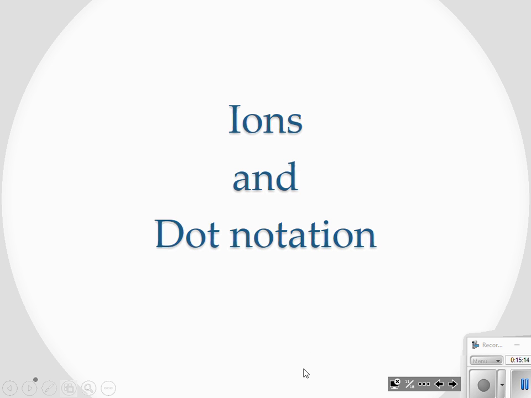Now, ions. We talked about ions yesterday. What type of ions do we have? Anybody remember an ion? John? A cation is one and an anion is the other.